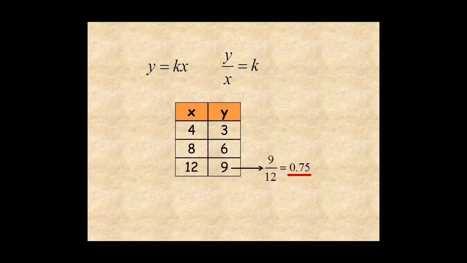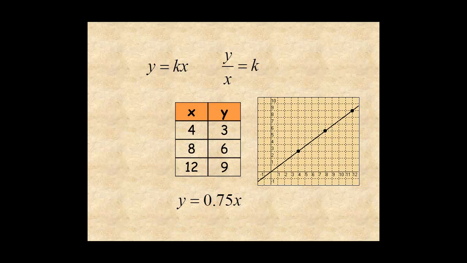So the equation for the direct variation is y equals 0.75x. And the graph is a line passing through the origin with the slope 3 over 4. Notice the slope of the line and the constant of variation are the same.